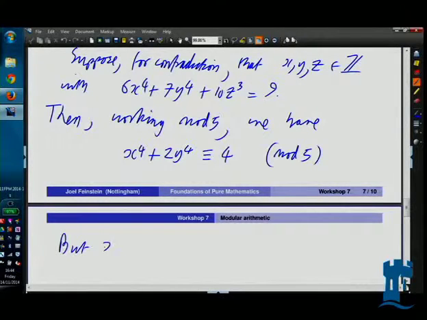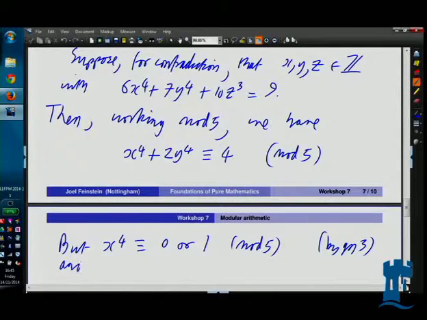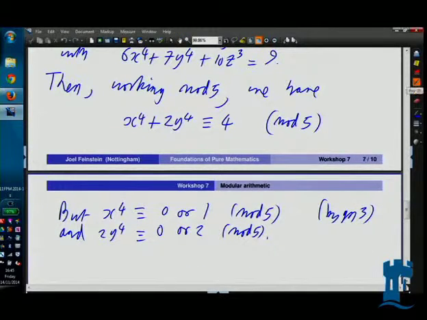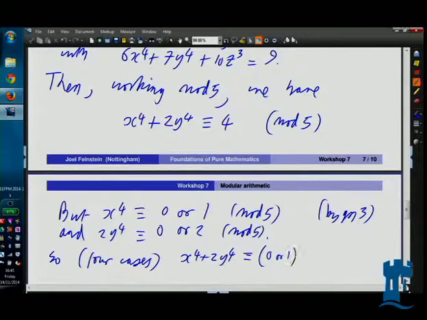But x to the fourth is congruent to 0 or 1, mod 5. This is by question 3. And 2y to the fourth is congruent to 0 or 2, mod 5. So, 4 cases, x to the fourth plus 2y to the fourth is congruent to 0 or 1 plus 0 or 2.